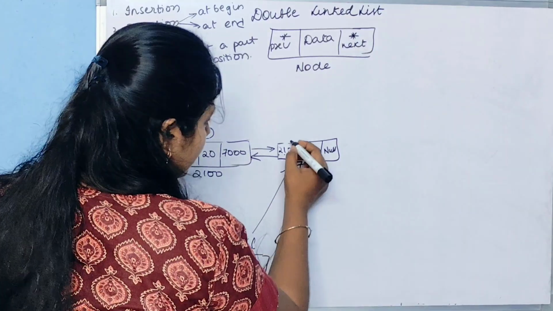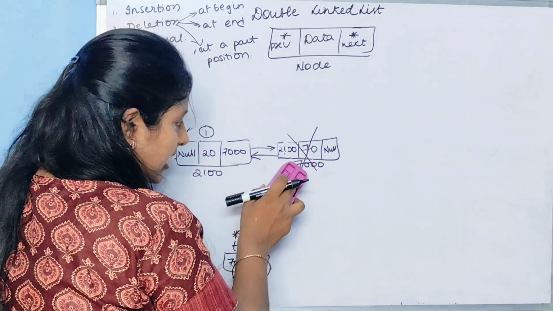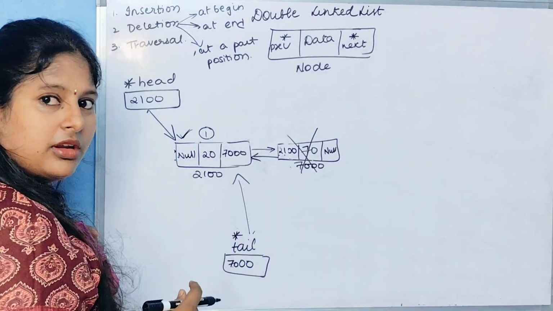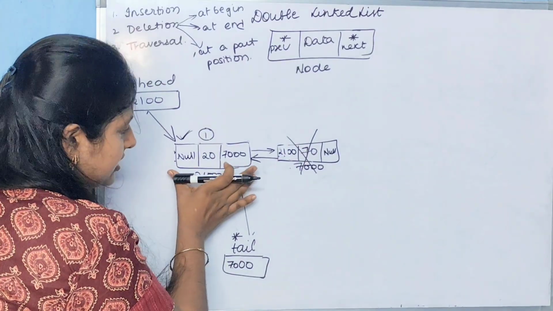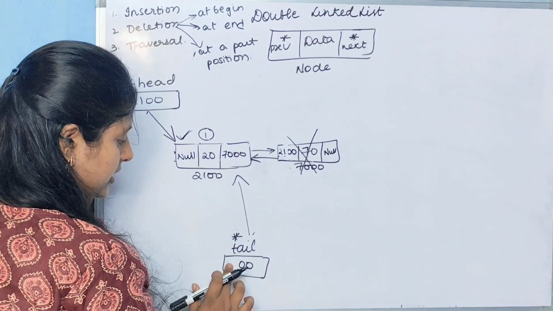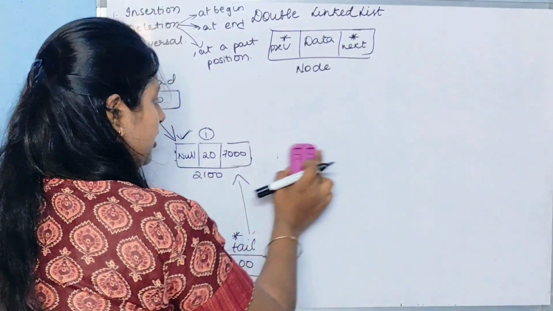So I want to delete this element. This got deleted. Okay. Now what is the last node? My first node is only the last node again. Right? So this is the last node. Now what is the address of this node? 2100. So the 7000 gets replaced with 2100. So the connections are removed.